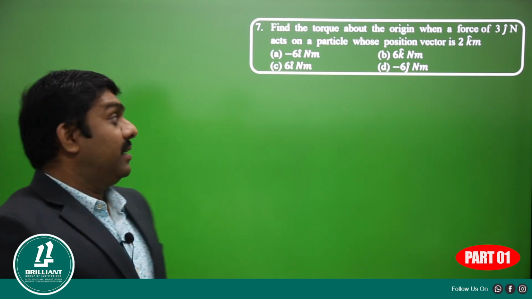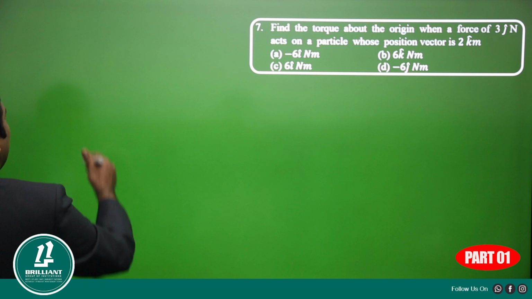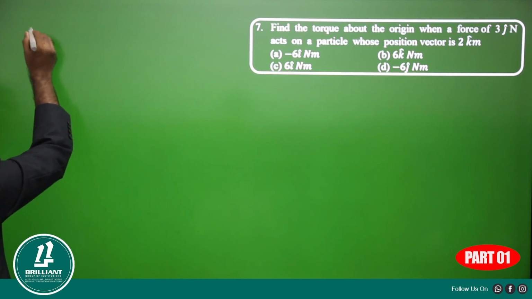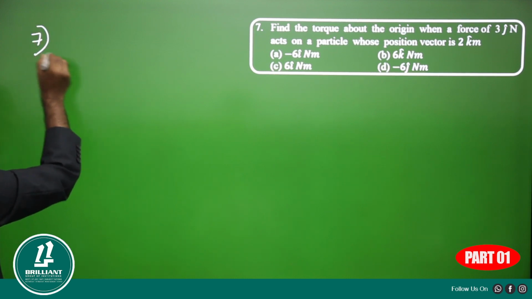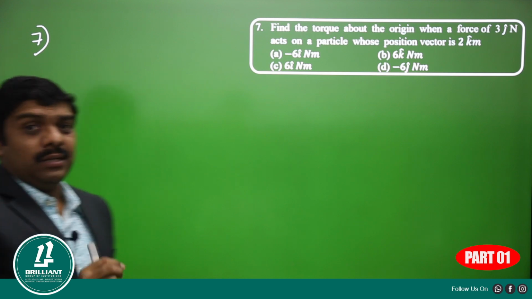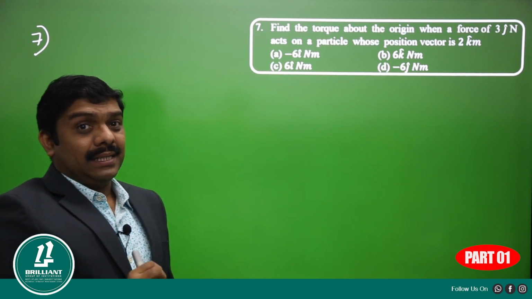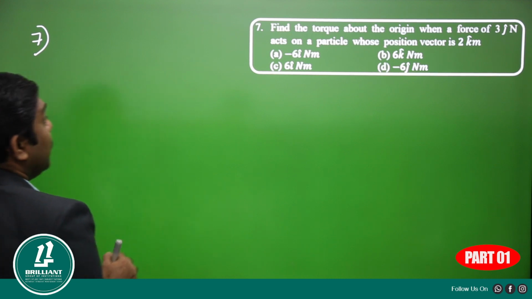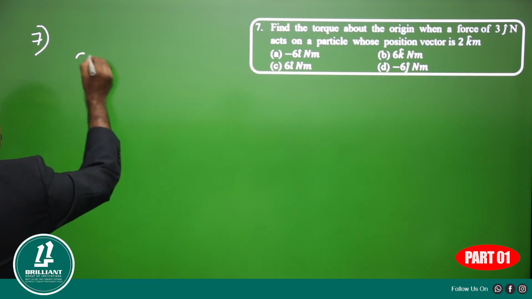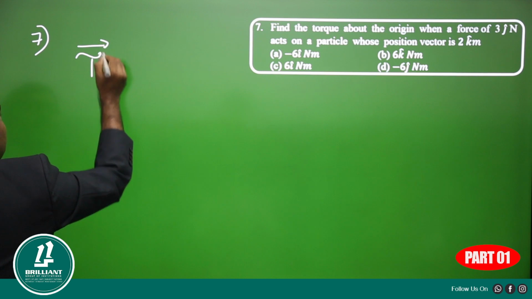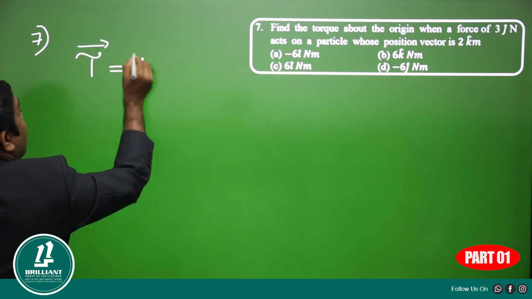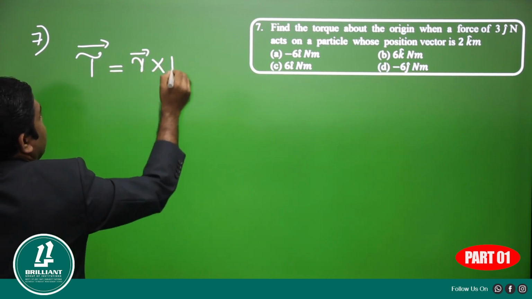How can we find the torque? It's a direct question. Torque we studied in the plus 1 chapter, rotational motion, system of particles. Torque is equal to R cross F.